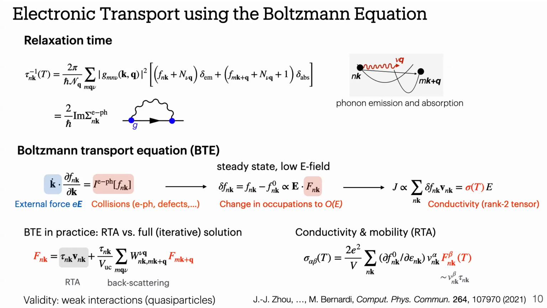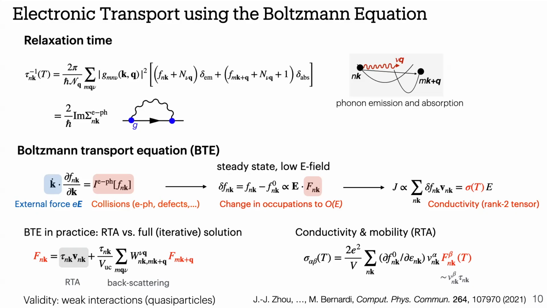So in the case where you have just an electric field, this is just the electric field E. And so if there were no collisions, then the occupations will continue changing in time and you will never reach a steady state. But basically the collisions counteract and ultimately establish a steady state.